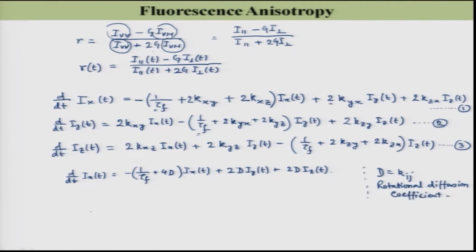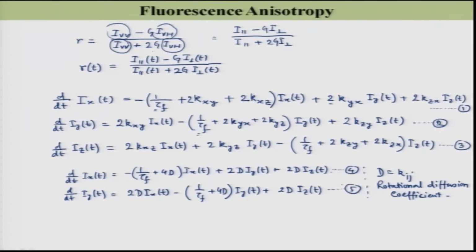right. Let me put this as equation number 4. And d/dt of I_y(t) is equal to 2D I_x(t) minus (1/τ_f + 4D) I_y(t) + 2D I_z(t).